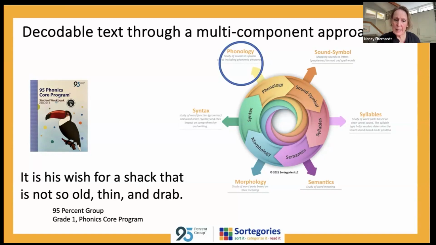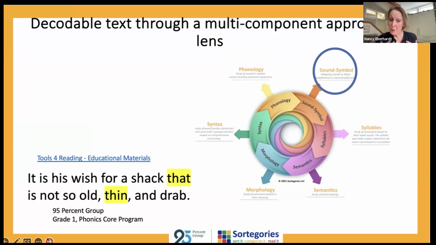For example, if we're working on consonant digraphs, and you can see a lot of them in this little text sample here, then what we can be doing is having the students identify words that follow that. So for example, I might be asking which words have the sound for TH, which could be either the voiced or the voiceless. And we would ask students to find those words within our text.